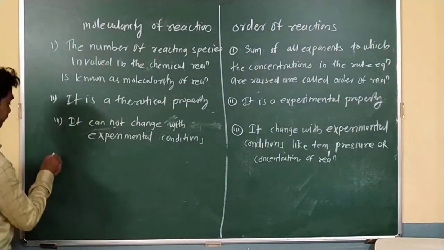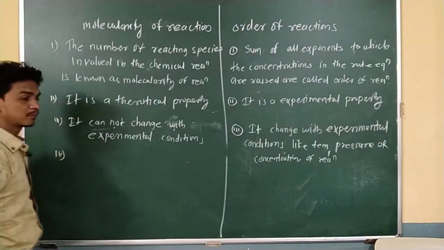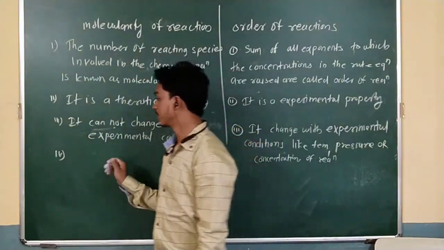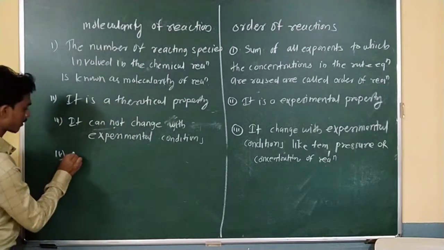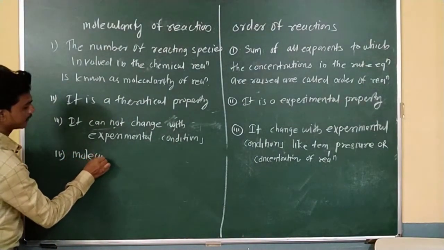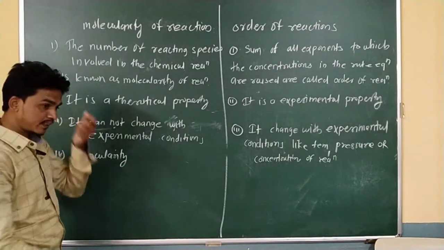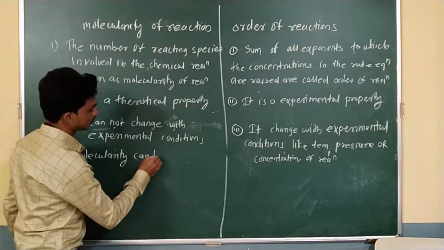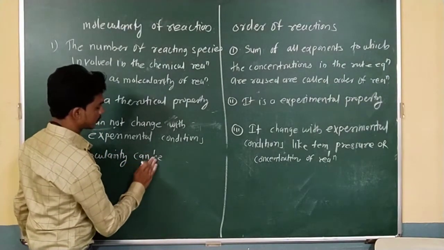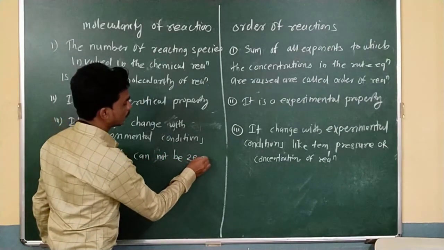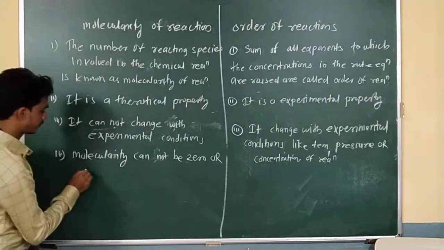The last difference between molecularity and order is that molecularity cannot be zero or fractions.